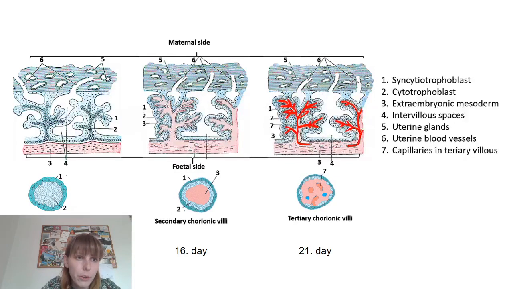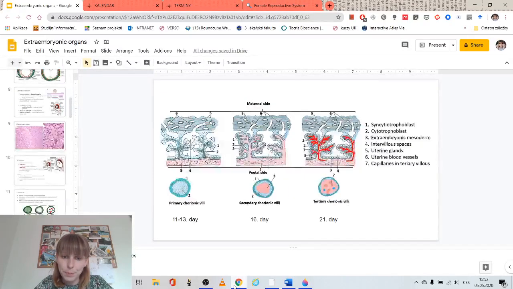So primary chorionic villi are coming like this. Secondary will have extra embryonic mesoderm in the middle. Tertiary will have blood vessels of the embryo. This is the fetal side, so the blood supply comes from the fetal side, and this is the maternal part, which will be the decidua basalis in case of placenta.